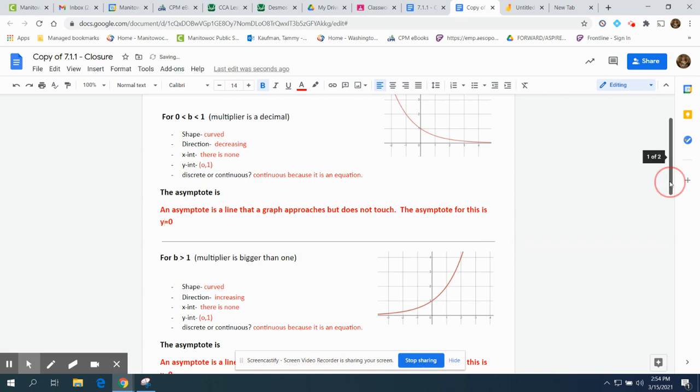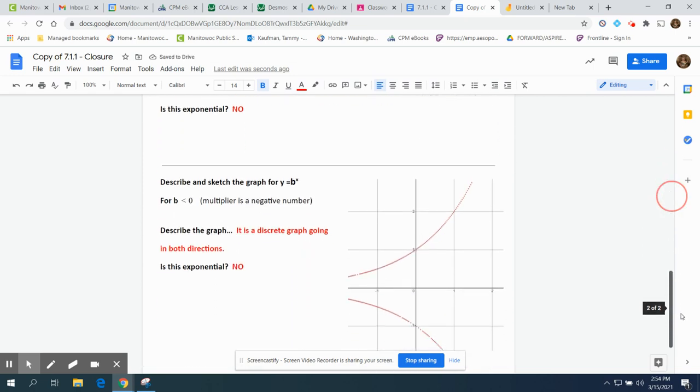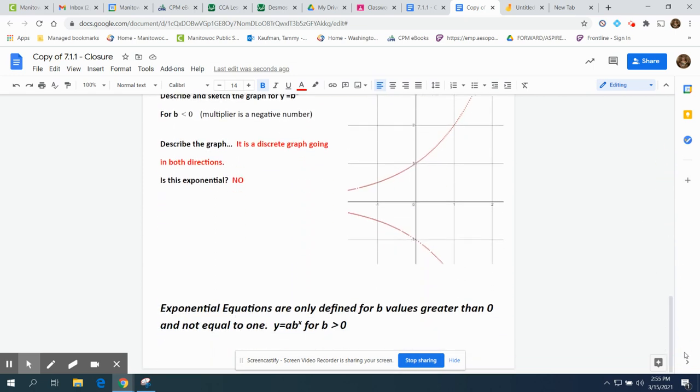Right here, when y is equal to 0, that's going to be our asymptote. And then when you get to the bottom, the exponential equations are only defined for b values greater than 0. So tomorrow's lesson, we're going to explore what that a is and what the b is. I think you have an idea already. We've talked a little bit about it with geometric sequences.